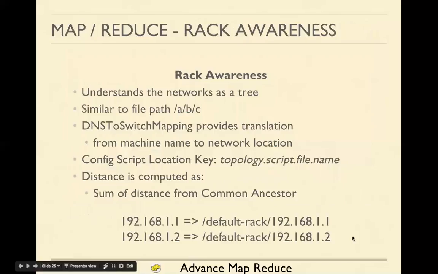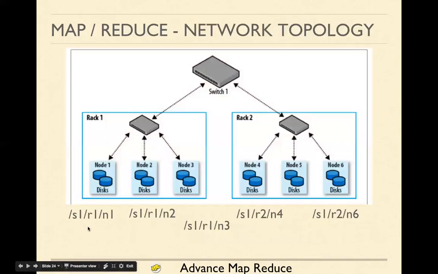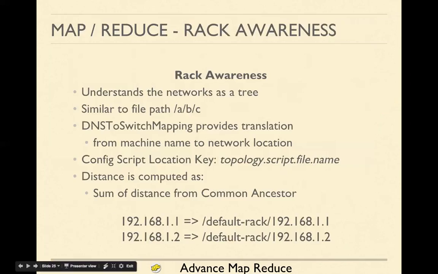This is called rack awareness. The easier way to represent every IP address as a folder structure is by using this configuration script. It converts this kind of IP address into this kind of model.